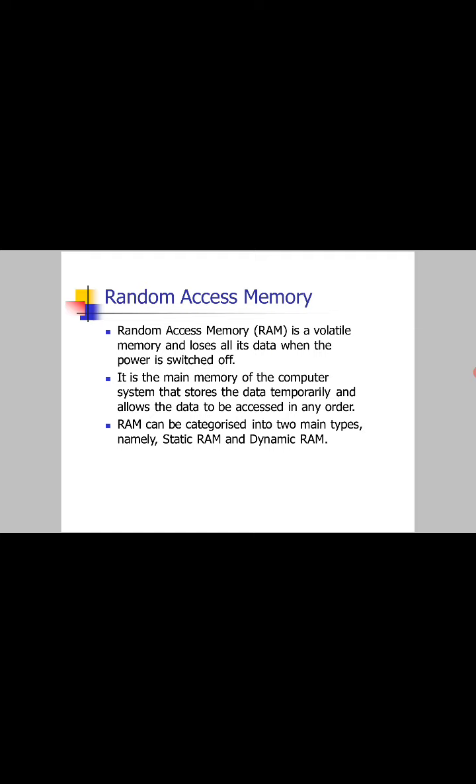So memories are basically two types: primary memory and secondary memory. Primary memory is also called main memory. Again, primary memory is of two types: RAM and ROM. RAM means random access memory. It is the main memory or primary memory of a computer.